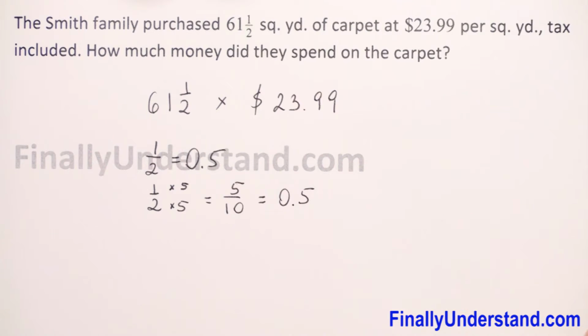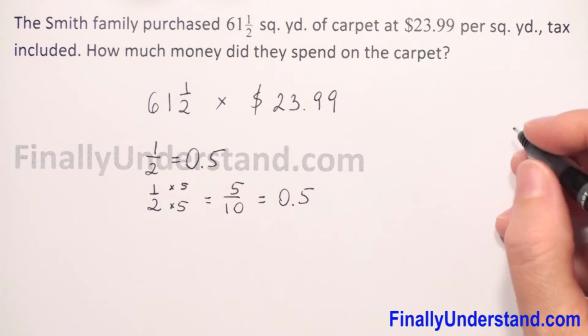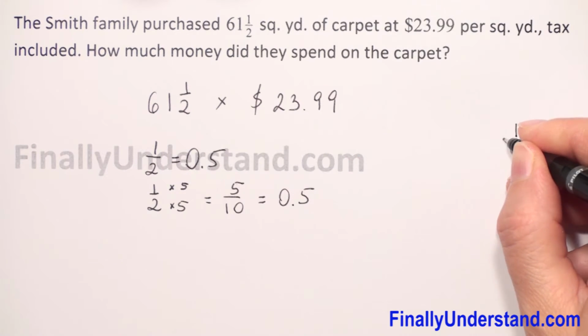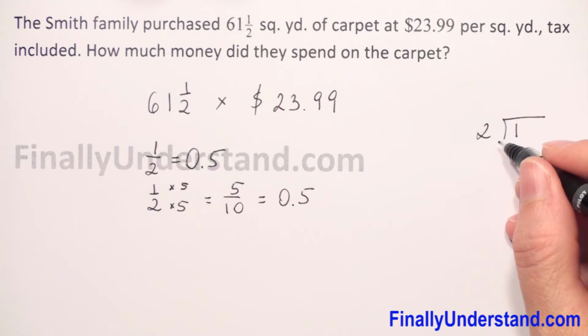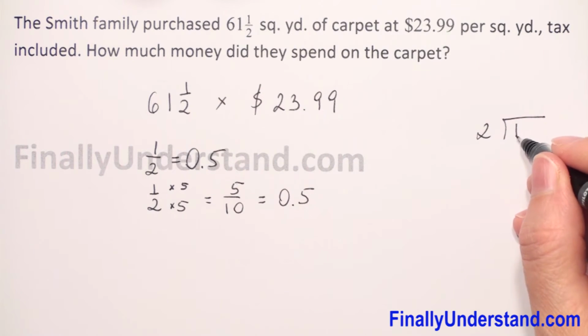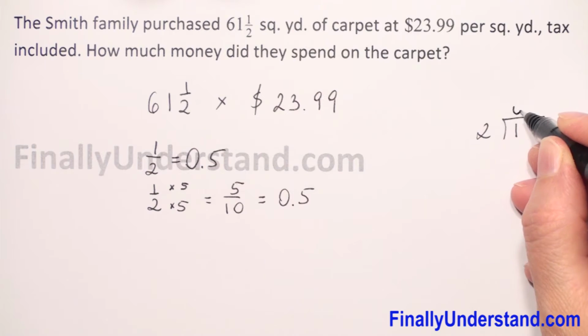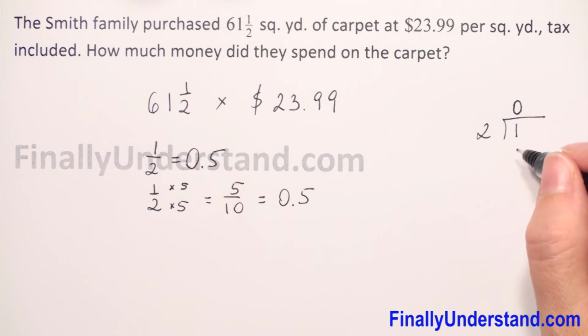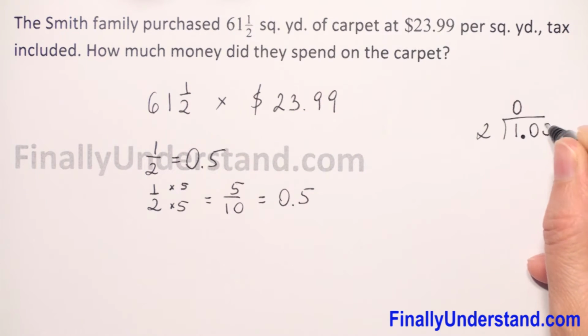Or, like I said, we can do long division. We have to divide 1 by 2. How many 2s can we put into 1? 0. So we write 0 on the top. Because after 1 we don't have anything, we can add a decimal point and extra zeros after the decimal point.